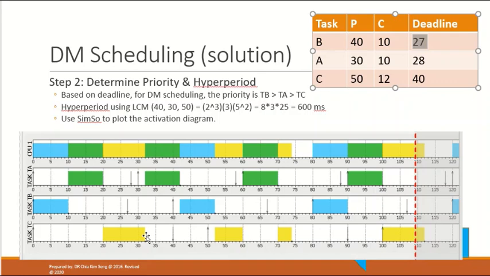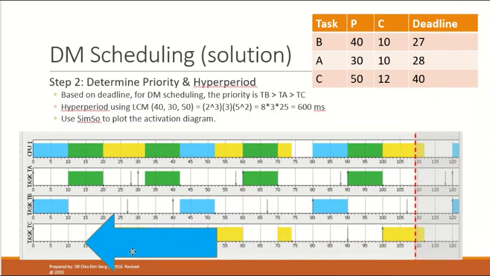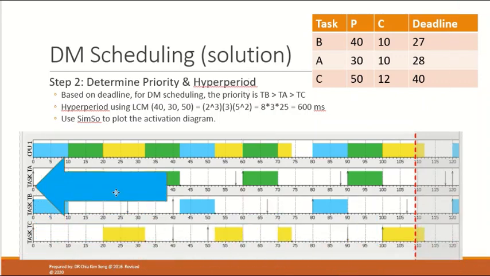By right we are expecting task B to be executed, am I correct? Based on our deadline monotonic, but no such thing happens, because of how we set our deadline.